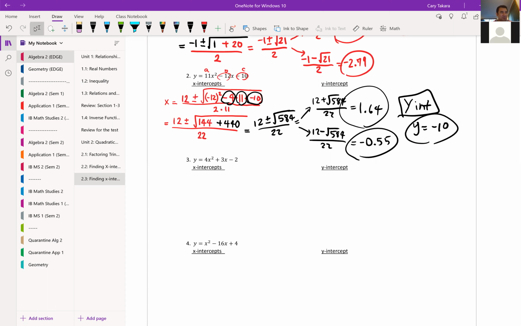Have you seen it before? Yeah, that's okay. But again, lots of mistakes happen inside that square root sign. That's why you want to be careful. So let's try number 3 again. Two more to go.